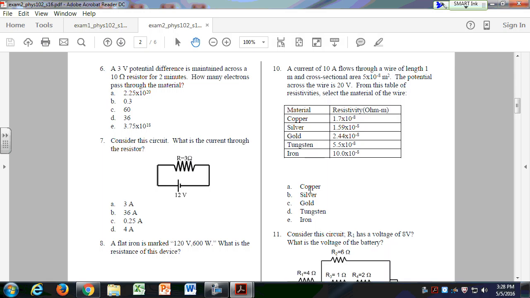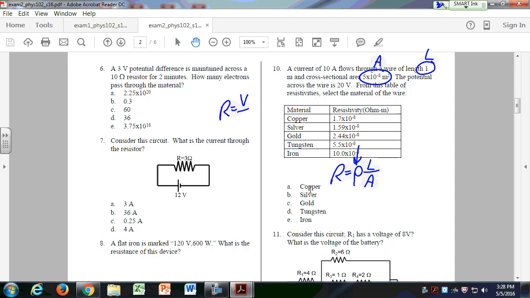You want to find the resistivity. So my resistance is equal to rho L over A. That's on your equation sheet, and I'm looking for the resistivity. And then once I find the resistivity, I can pick what is the unknown metal. So I look up here to figure out what I need. Here's my A, here's my L. Well, I don't have R, so I need to figure out what R is.